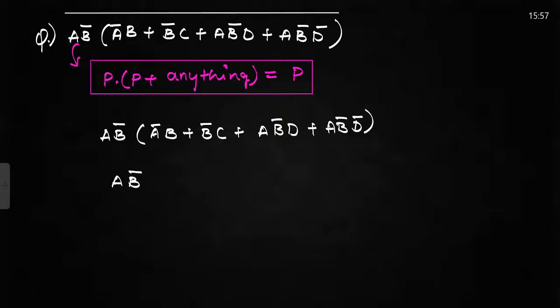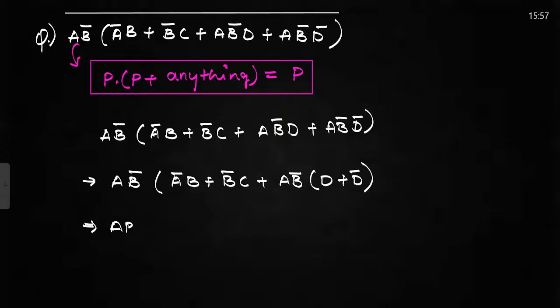A B bar of A bar B plus B bar C plus A B bar, I am taking common, and D plus D bar, so D plus D bar is 1, right? Now I can write A B bar, and I am rearranging it as A bar B plus B bar C plus 1.